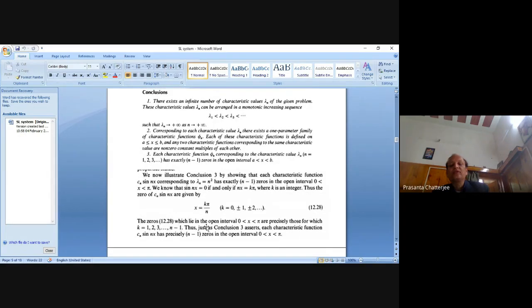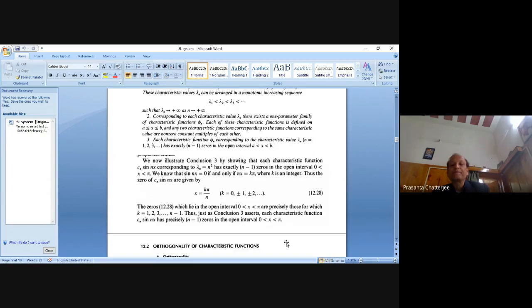So the zeros which lie in the open interval 0 to pi are precisely those for which k equals 1 to n minus 1. So each characteristic function Cn sin nx has precisely n minus 1 zeros in the open interval 0 to pi.